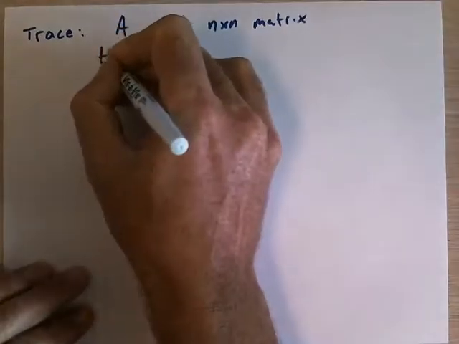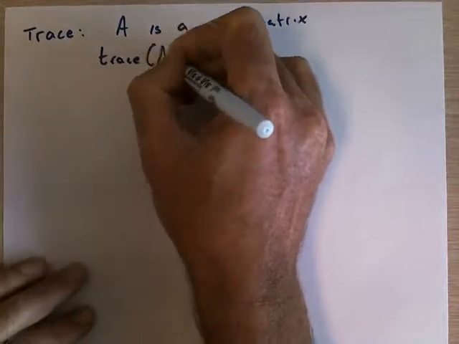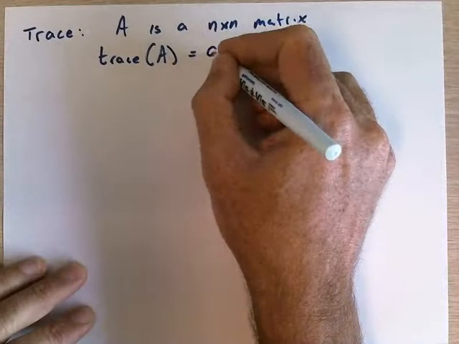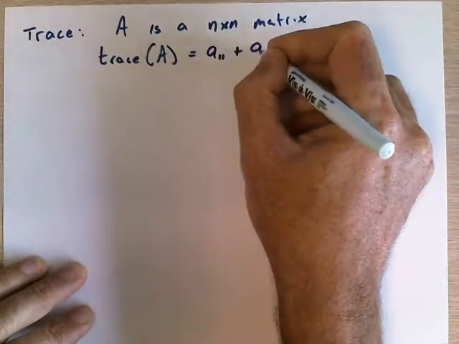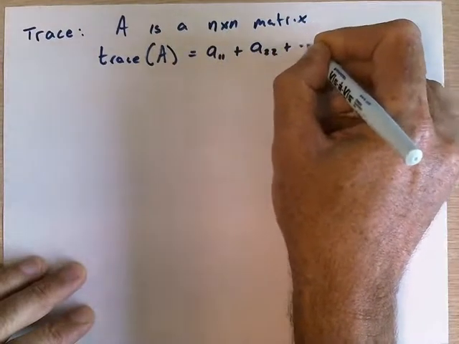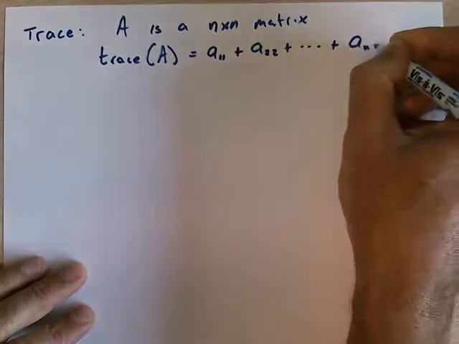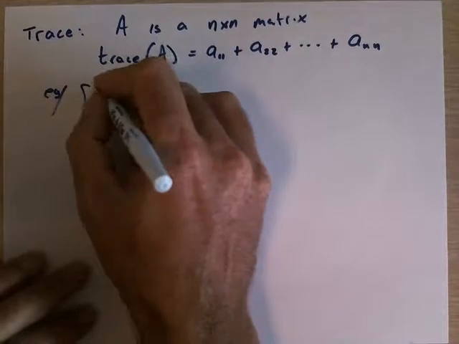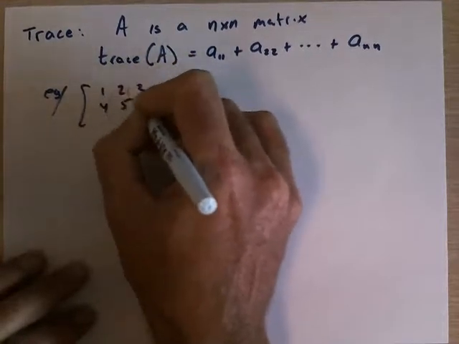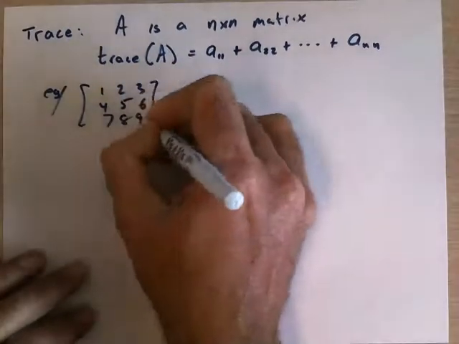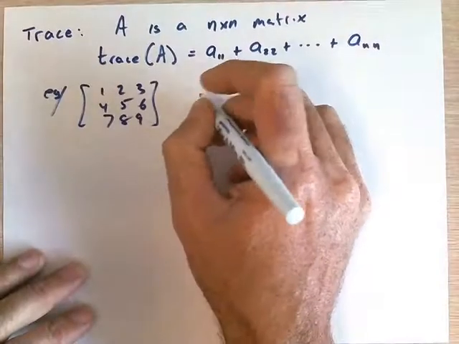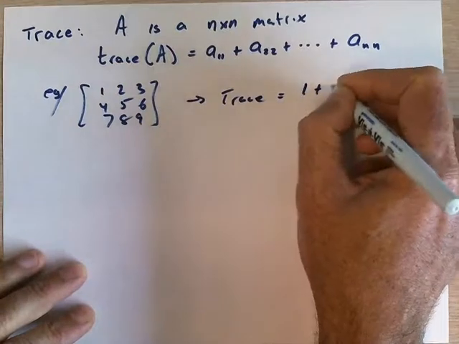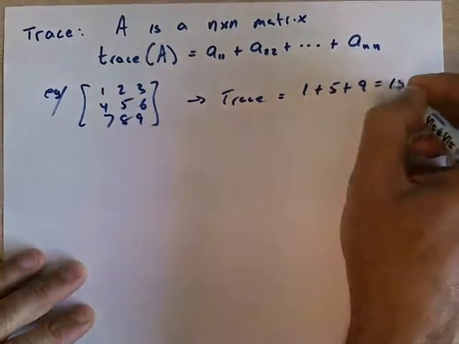Then the trace of A is the sum of the entries on the main diagonal, so A11 plus A22 all the way up to ANN. For example, if I had the matrix 1, 2, 3, 4, 5, 6, 7, 8, 9, then the trace is 1 plus 5 plus 9, which is 15.